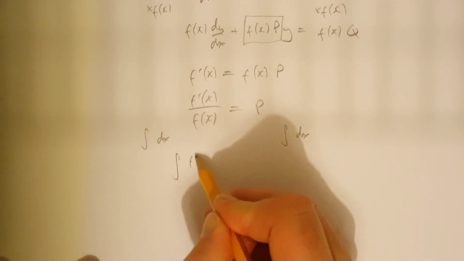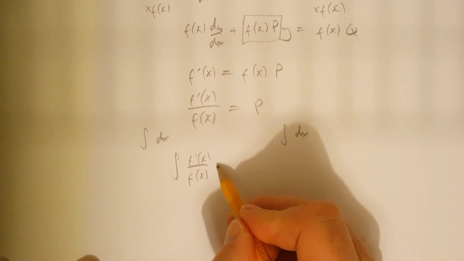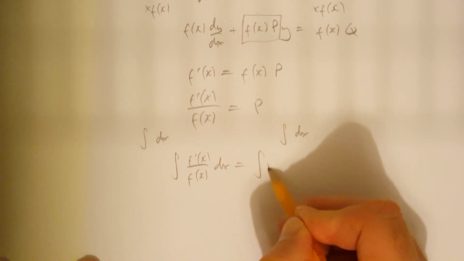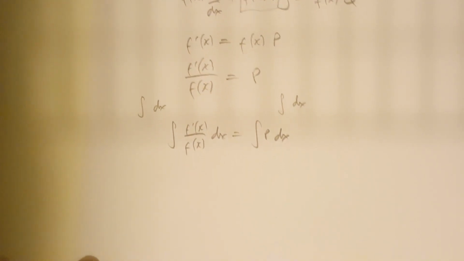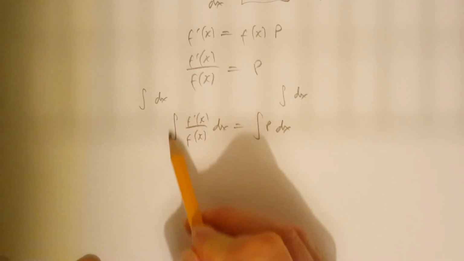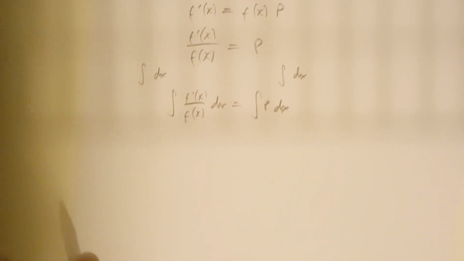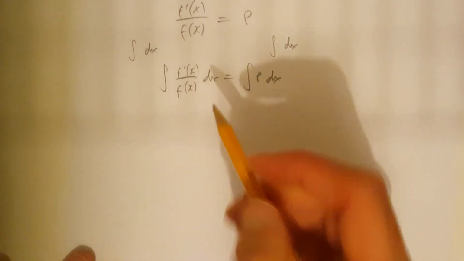So that gives me the integral of f dash x over f of x with respect to x, and the integral of p of x with respect to x. And so this is something we've not spoken a lot about yet, but will become quite crucial in Core 4, when it comes to integration. This is the holy grail of integration, trying to recognize this.